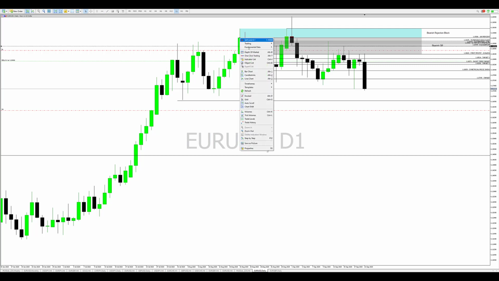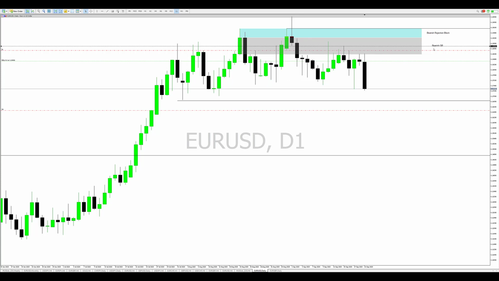Now I'm going to get rid of the fibs because I don't need them anymore. I was just using them to measure the 50% retracement, the 50% mean threshold of the bullish candle, that is halfway through the bearish order block.